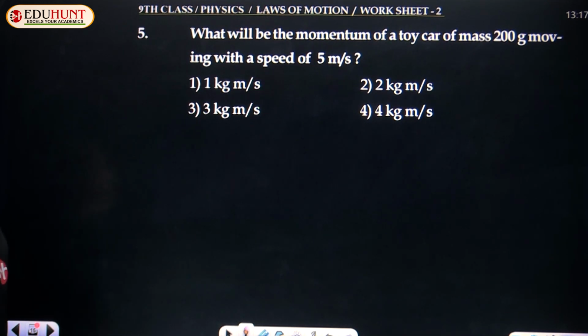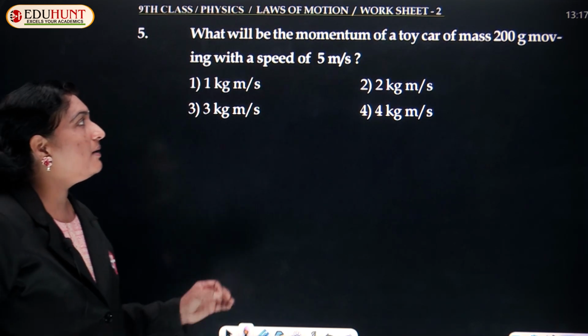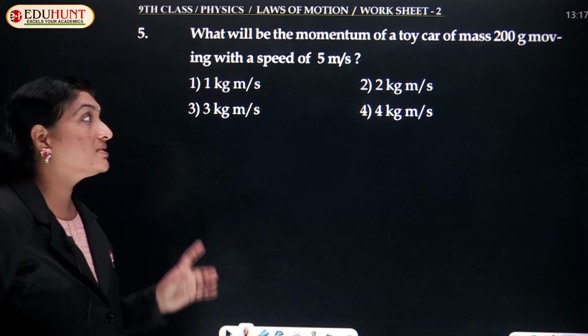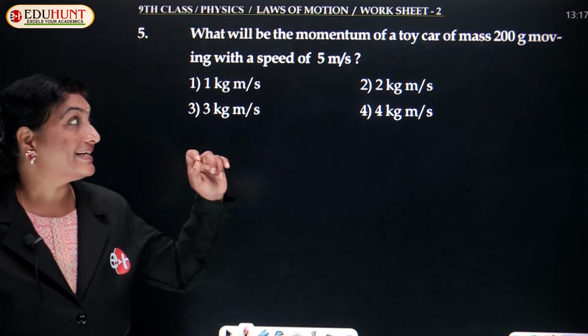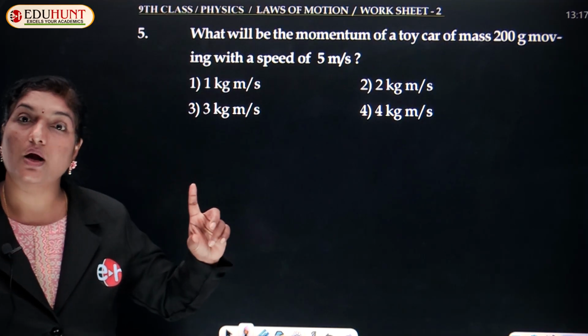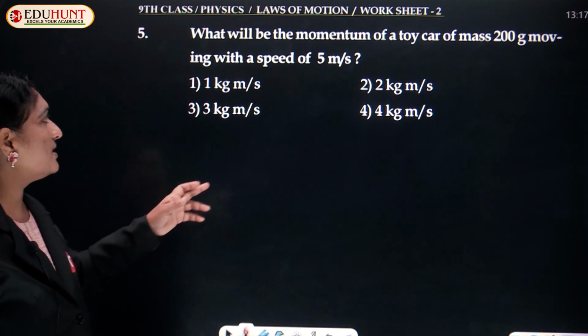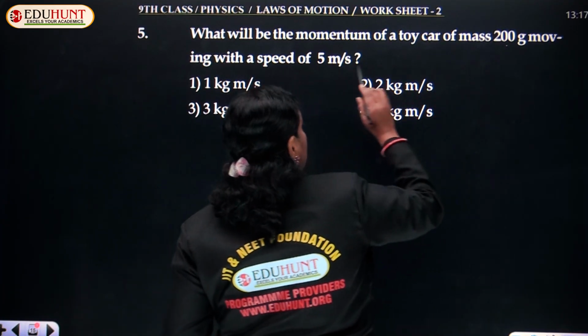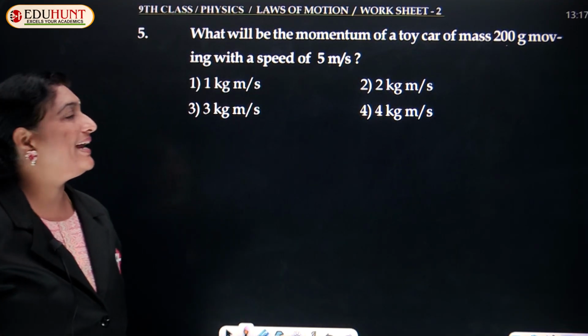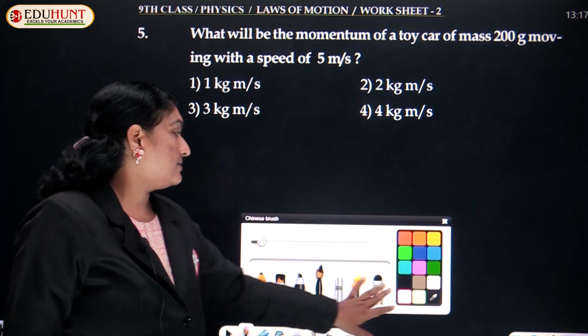Okay. So, let us move to the next question children. So, fifth one. What will be the momentum of a toy car of mass 200 grams? Now it is given in CGS units, 200 grams, moving with a speed of 5 meter per second. Here mass is given in the CGS system, whereas speed is given in the SI system.